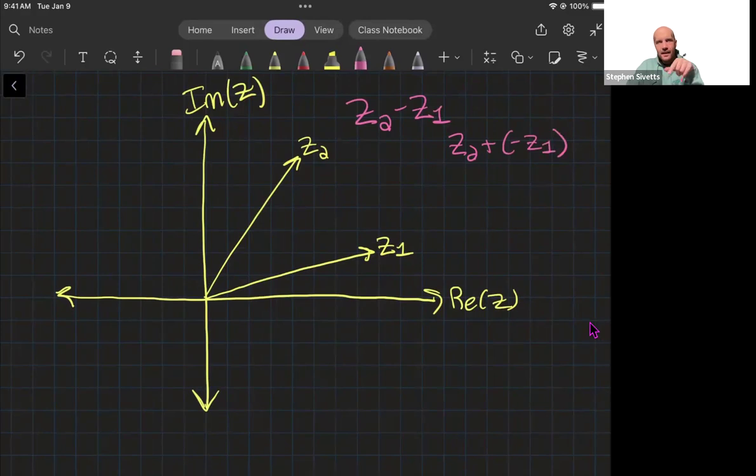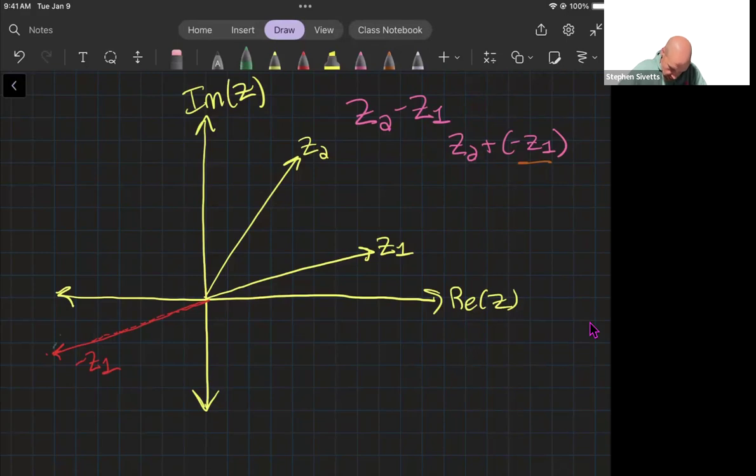If you remember back in Calc 2 or Calc 3 or maybe even pre-calculus, if you take the negative of a vector, you're switching its direction. So minus z1 would have the same length, but it would go in the opposite direction. So this is minus z1, and then we just perform the same vector addition, but we're using minus z1 and we're still tacking on z2.